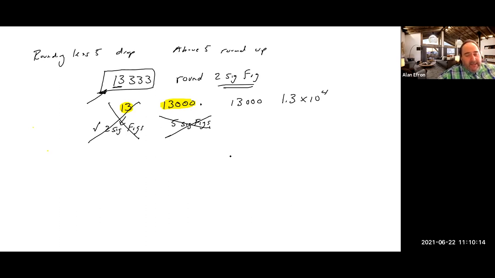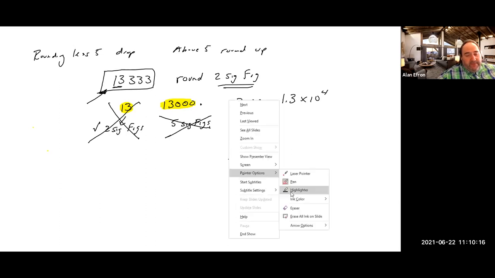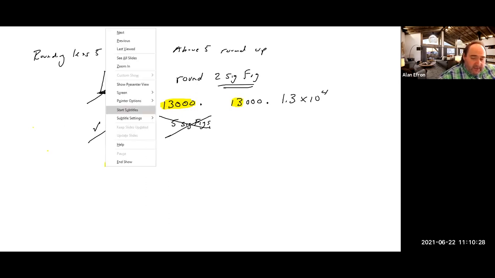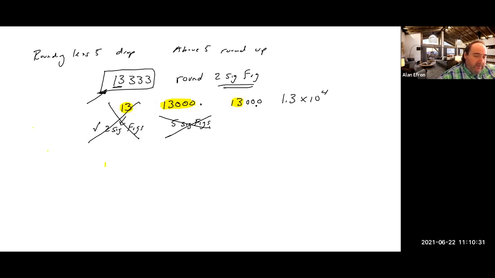Let's take a look at the next way I wrote 13,000, which is 13,000 with no decimal point. 13,000 with no decimal point means that these two guys here are significant. The zeros at the end are not significant because there is no decimal point written anywhere in this number. So this guy would have two Sig Figs. That's a check.